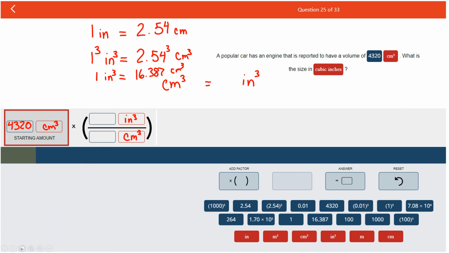For my inches, I'll probably put just the 1. Same thing for the centimeters cubed. I have 16.387. I also have 2.54 cubed. I can plug either one of them in, but just because I'm going to pretend like we already did the calculation, I'll do it like that.